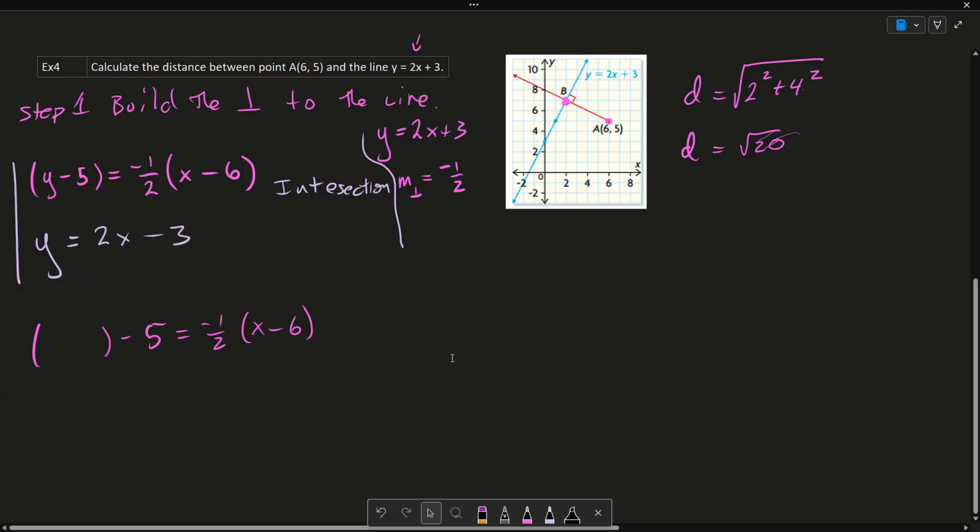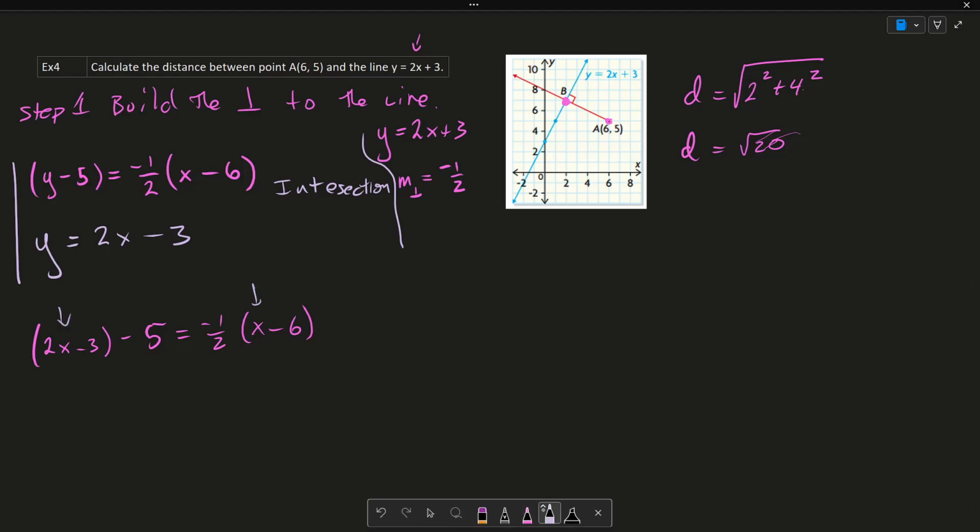So I'm going to put the 2x minus 3 here. Now if you look closely, all I have is an x and an x, and I can isolate for those x's. So let's do this. It's going to be 2x minus 3.